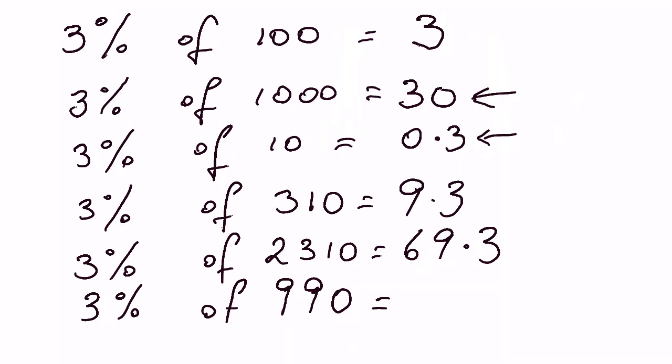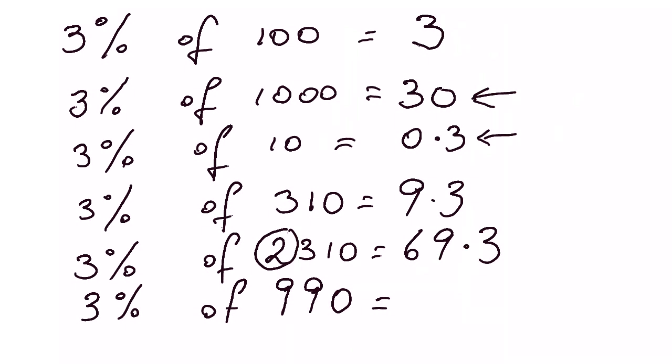Now I'm mixing and matching and adding together. 3 lots of 3% of 100 is 3% of 300, and then adding my 3% of 10, so 9.3. And similarly in this last one, all I'm changing is I'm adding in this extra 2,000, so that's going to be double my 1,000 amount, so that gives me 69.3.